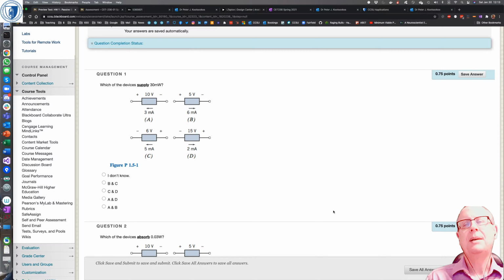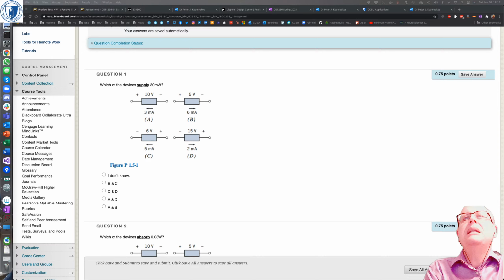And let's see, we've got 10 volts and 3 milliamps, so 3 milliamps by 10 volts is 30 milliwatts one way or the other. 6 by 5 is also 30. 6 by 5 again is also 30, and 2 by 15 is also 30. So they're all numerically doing something with 30 milliwatts. The question is, which ones are supplying 30 milliwatts, right?